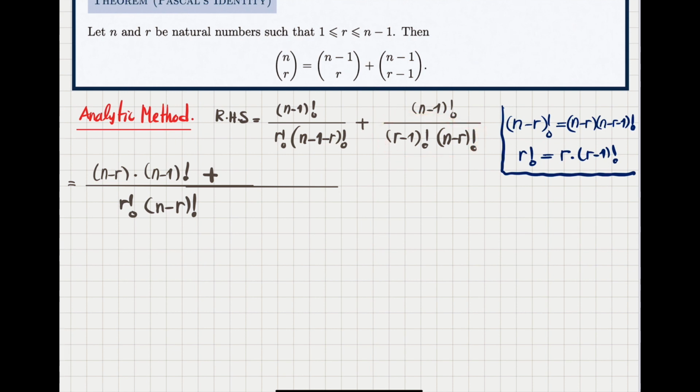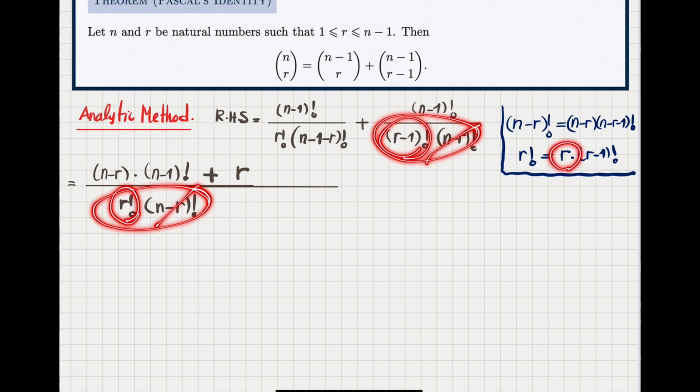Can you tell me what happens now? What should I multiply in this numerator after these explanations? Multiplied by r. Thank you. So I multiplied by r because I divide this in my head by that one. This one and that one are gone. r factorial divided by that one, it becomes r. And I have to multiply this r into its numerator, yes?